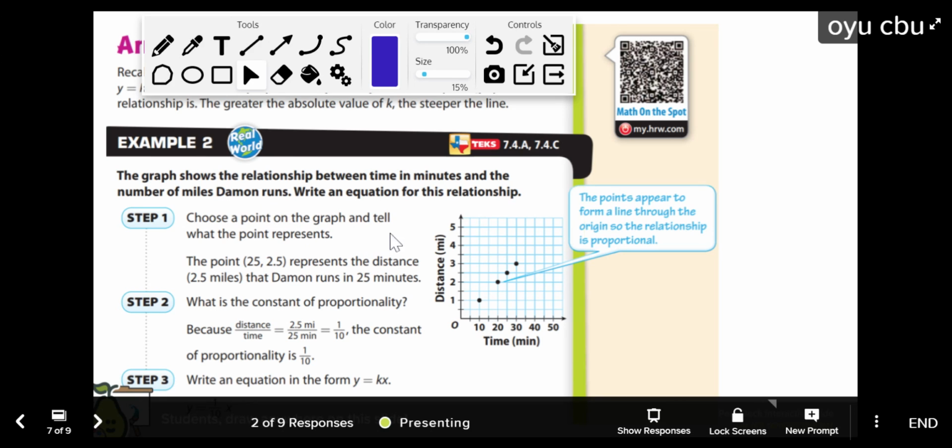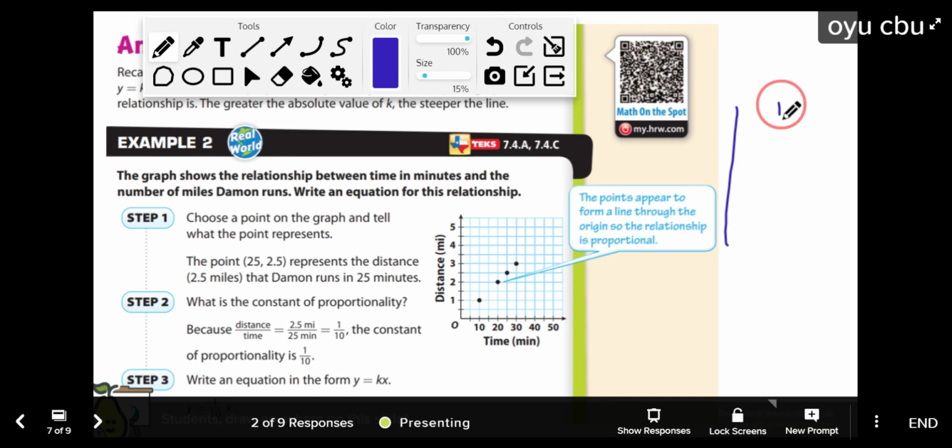Without looking, we don't know what the story is. But just by looking at the graph, we're going to analyze it and tell how many miles he's running and the amount of time given.